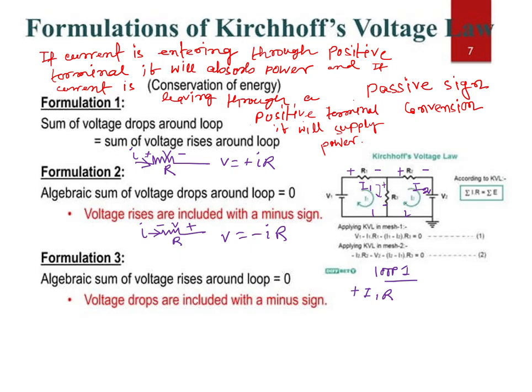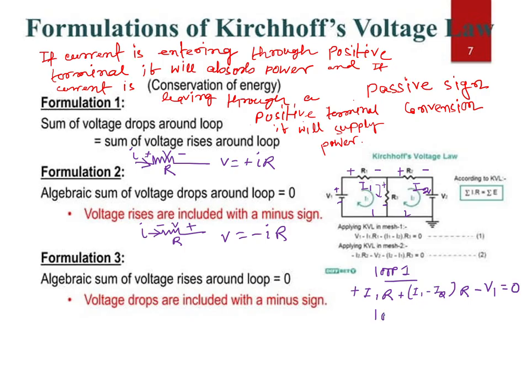Assuming I1 is more than I2, I take the direction of I1 as positive, so it will be plus I1 minus I2 into R. Then I'm hitting the battery, the plus terminal of the battery first and then minus, so minus V1 equal to 0.